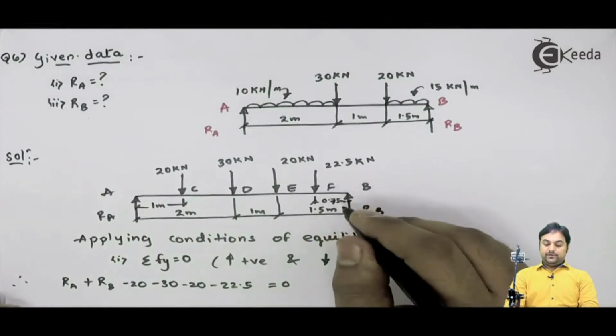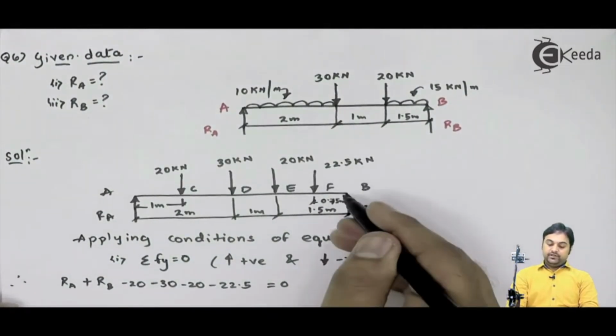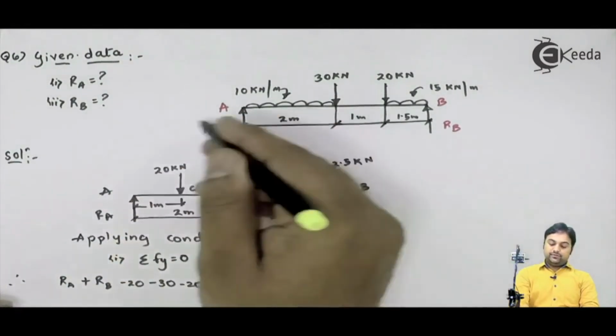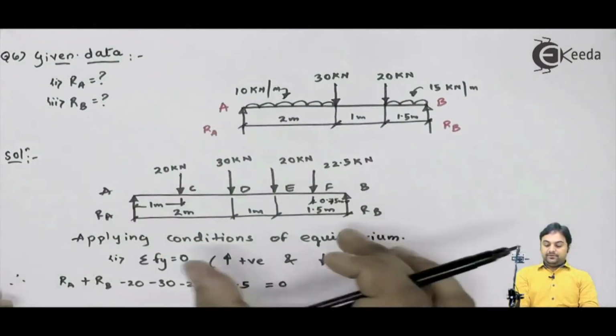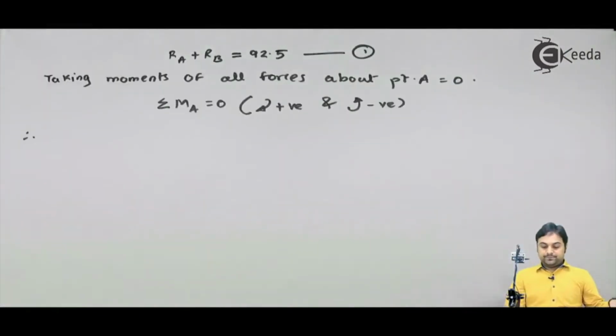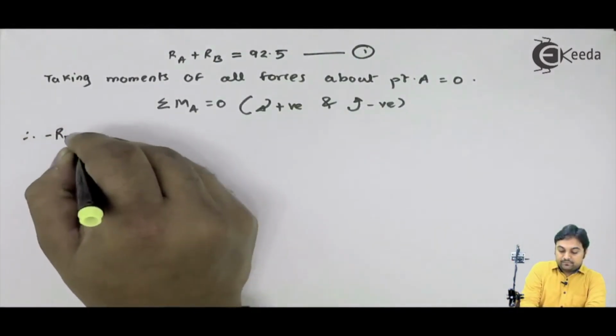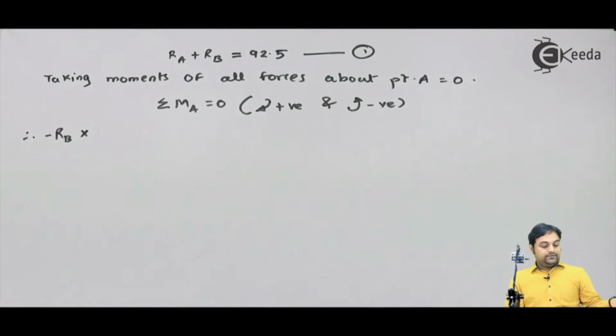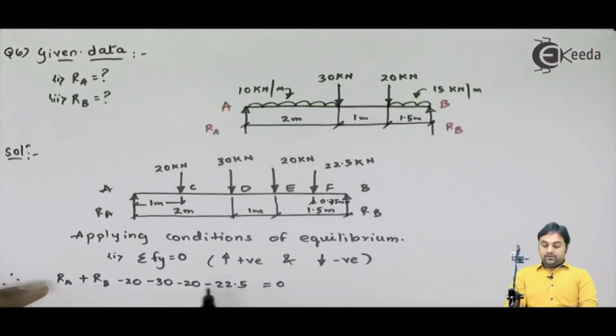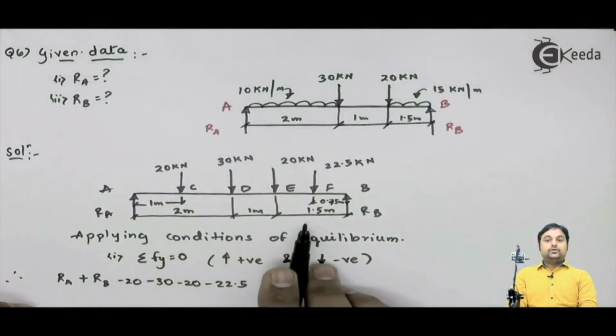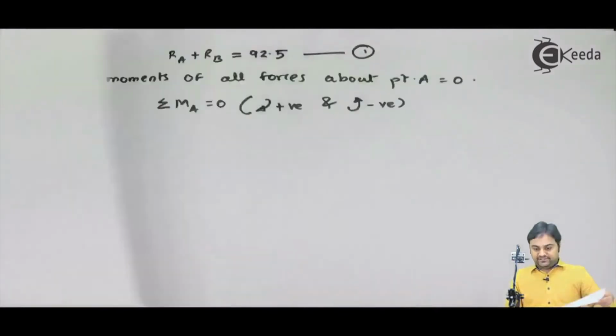This RB, since it is acting upward, will be producing an anti-clockwise moment, and value will be RB multiplied by the distance. So it will be minus RB multiplied by the distance, 2 plus 1, 3 plus 1.5, that is 4.5 meters.